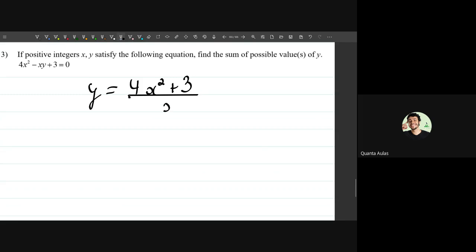I don't know if you already did this, but we will have this, right? I just isolate y. And we don't have a second degree equation here.